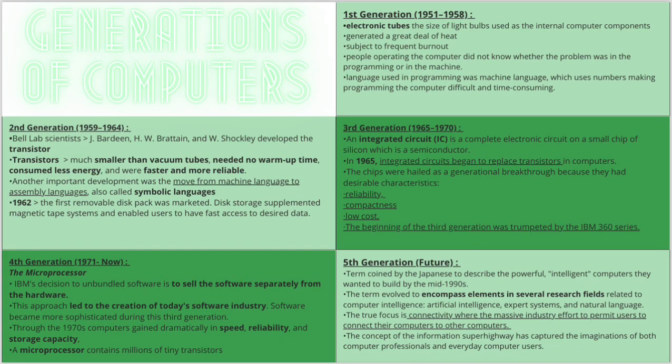The first generation of computers was between 1951 and 1958. Electronic tubes the size of light bulbs were used as the internal computer components. They generated a great deal of heat and were subject to frequent burnout. Usually, people operating the computer didn't know whether the problem was in the programming or in the machine. The language used in programming was machine language, which uses numbers, making programming the computer difficult and time-consuming.